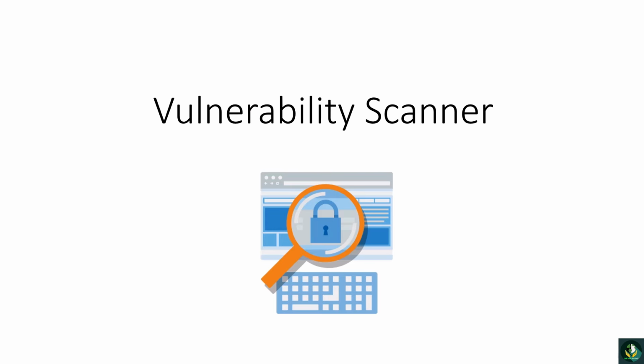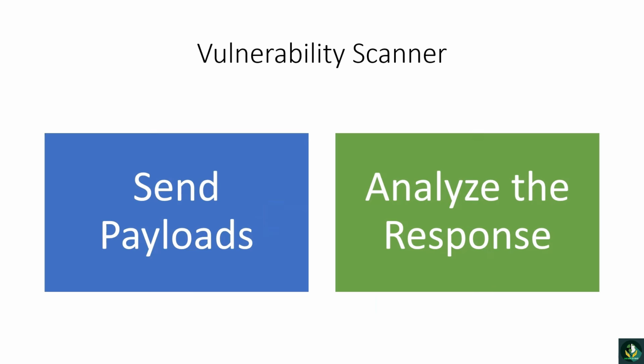So we need to analyze that page and extract the URLs and the forms, and then we have two important steps. The first one is to send a payload to discover the vulnerability, and the next important step is to analyze the response that we got. So these two are the main things.